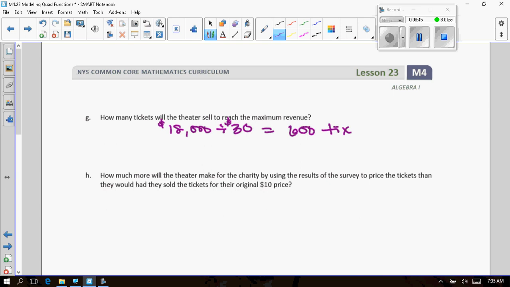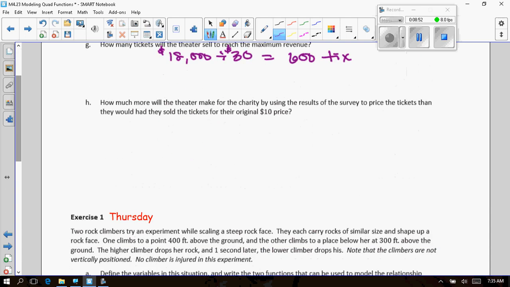Now, what if they had never increased the price? If they kept the price at just the $10, you know you're going to sell every single seat at $10. They already know this. So at the $10 ticket price, they would make $10,000.